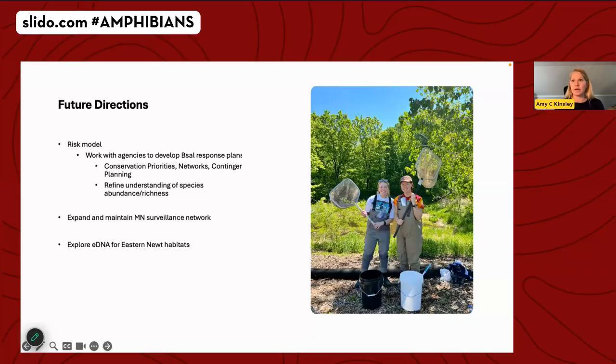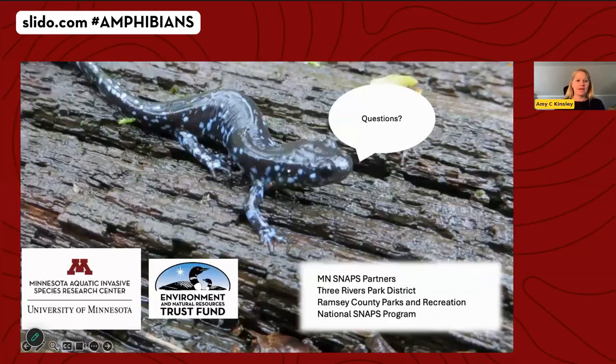And we're also exploring using eDNA for identifying Bsal and Bd as well. There's been a lot of interest around eDNA and its limitations, so we want to contribute our efforts in understanding those limitations, and probably also some frustration that goes along with that, into the larger conversation. So those are our goals there.